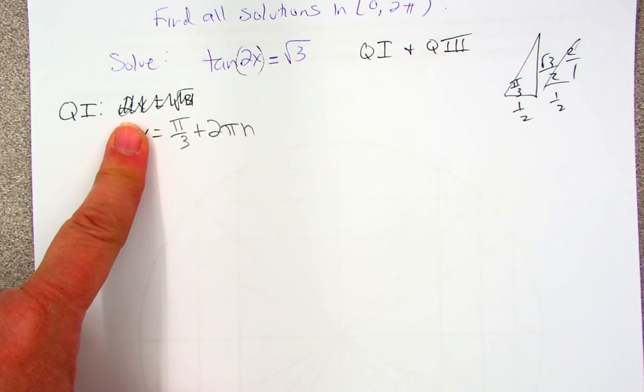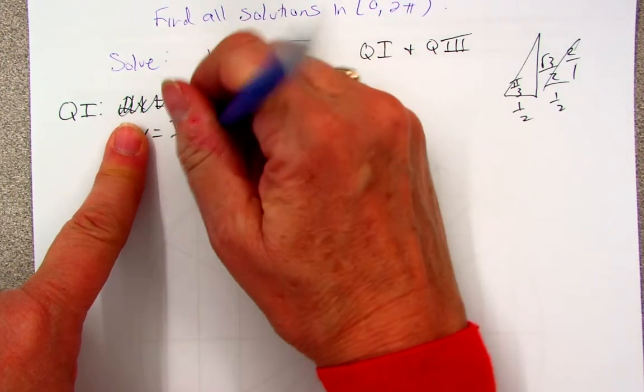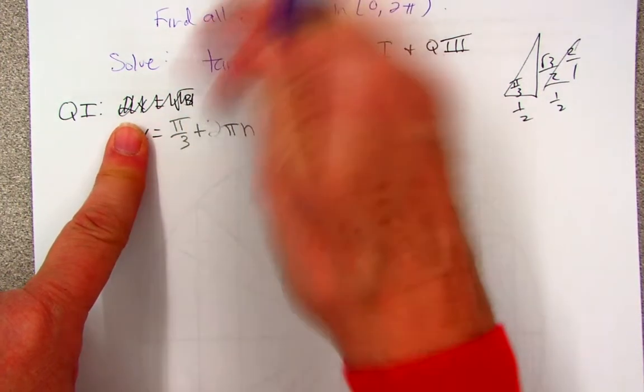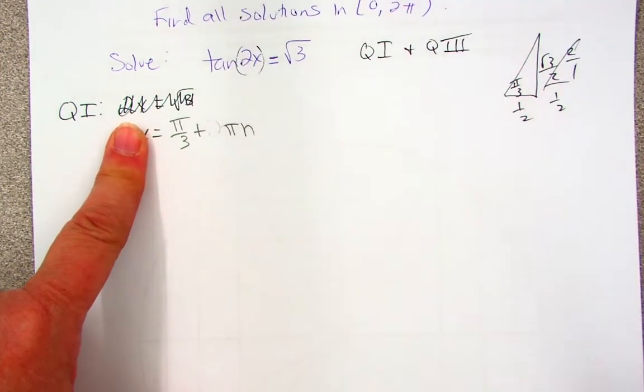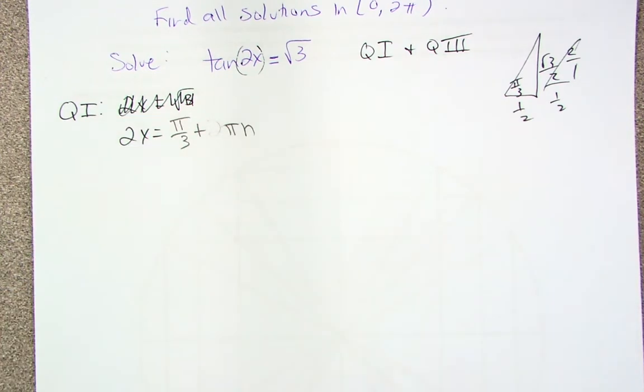Actually, tangent, doesn't it repeat itself? Its period is actually pi n, not 2 pi n. My mistake. I have to remember that. Tangent and cotangent repeat every pi. That's the period. Okay, I'm going to pick up my finger. Now I have to look at it, because what do you solve for? For x.